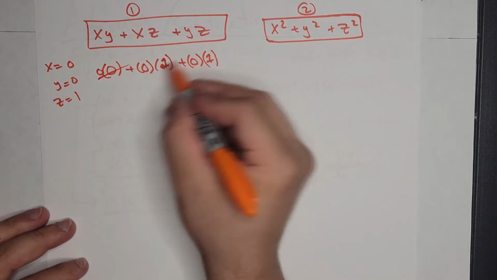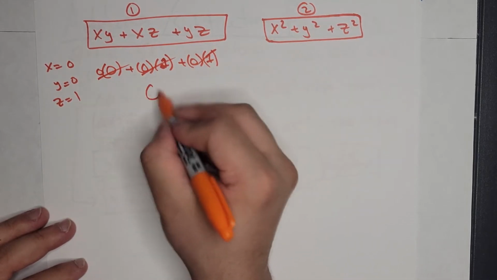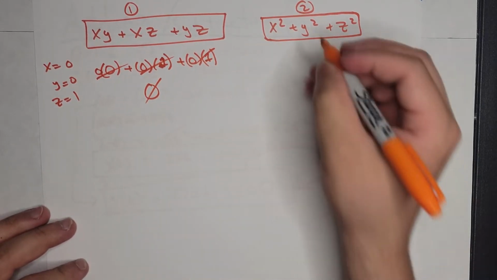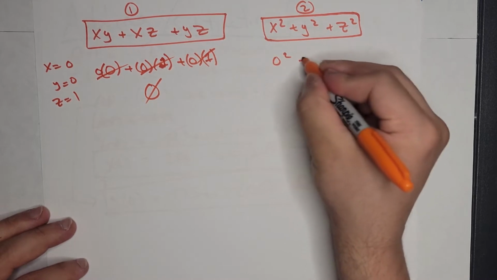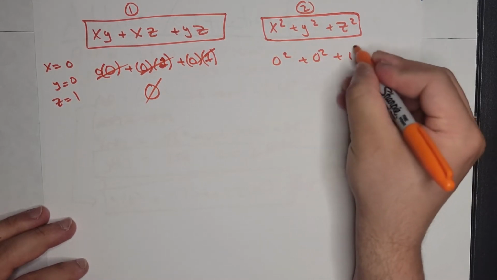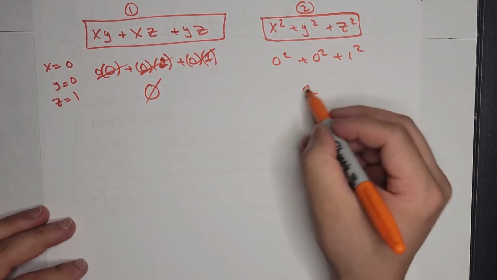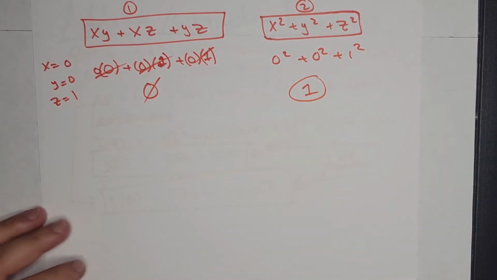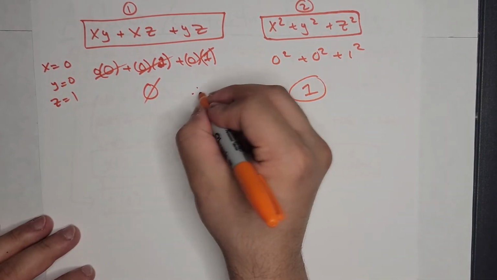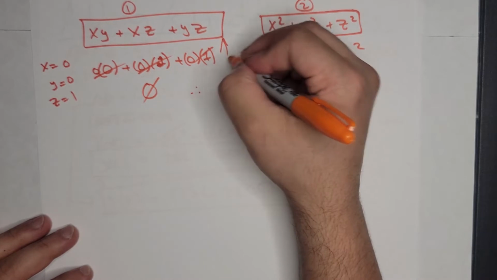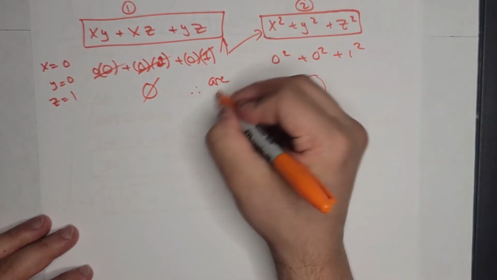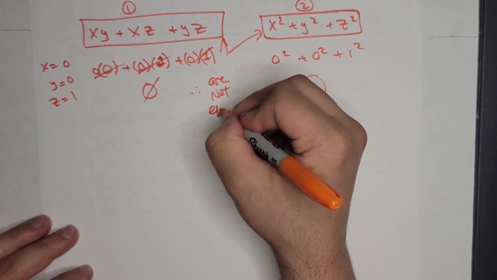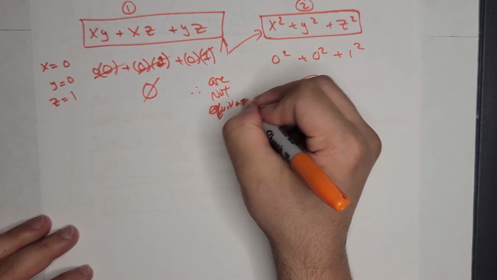This will be 0, this will be 0, this will be 0. That is a big fat 0. But here, if you do 0 squared plus 0 squared plus 1 squared, you actually end up with 1. So you can say, therefore, these expressions are not equivalent.